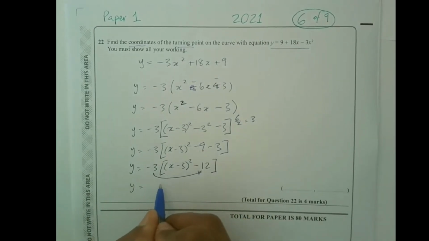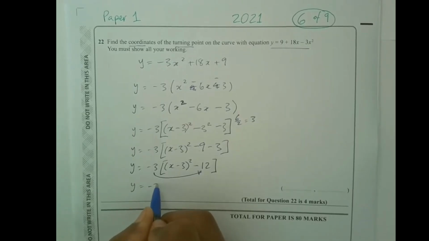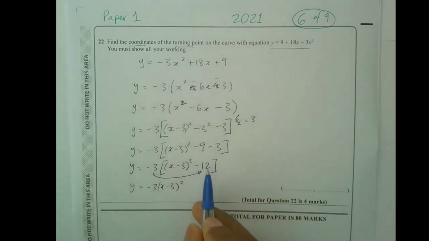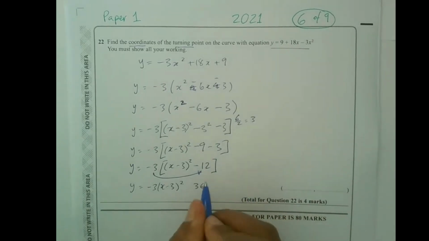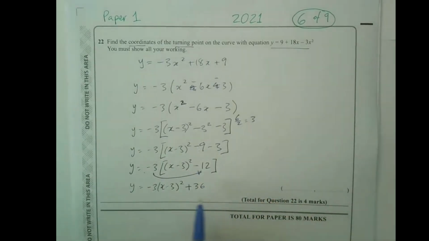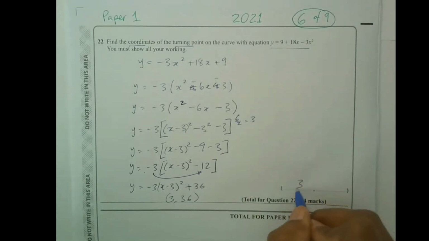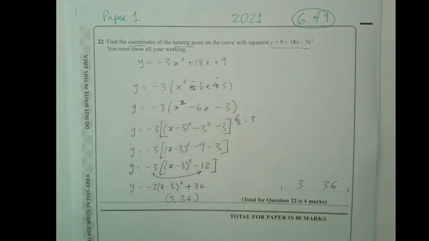So y equals minus 3 bracket x minus 3, and then 3 times 12 is 24, 36, and a negative and a negative gives me a positive. So I can see my coordinates for the turning point, the sign changes. I'm going to have 3, and this is going to be 36. So my final answer is 3, 36.